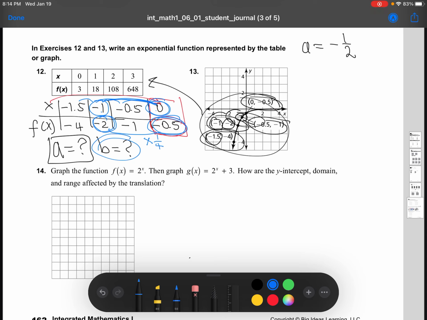So that's our b, okay? b is 1 over 4, and we have what we need. Our equation, which I'm going to write in red, is y equals negative 1/2 times 1/4 raised to the x value. And that's it. That's the solution for number 13.